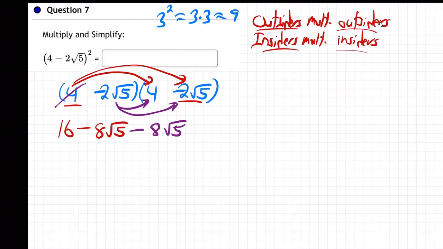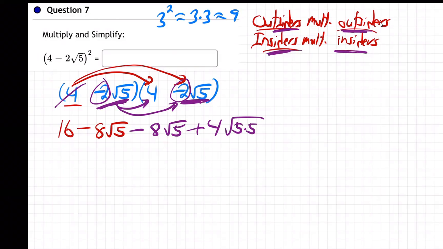And then last step, this guy's going to multiply this guy. What's going to happen? Plus 4, because minus 2 times minus 2 makes plus 4, and then square root of, I'm just going to put the 2 5s together. You can make it 25 if you want, or just put the 2 5s together.